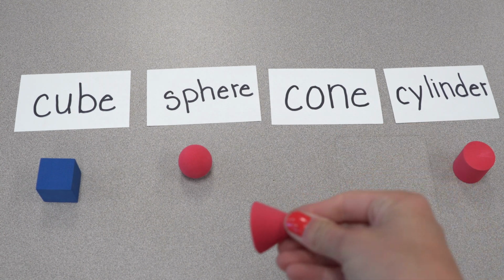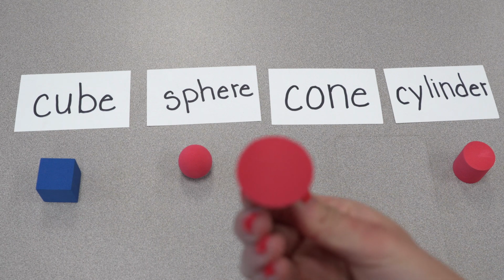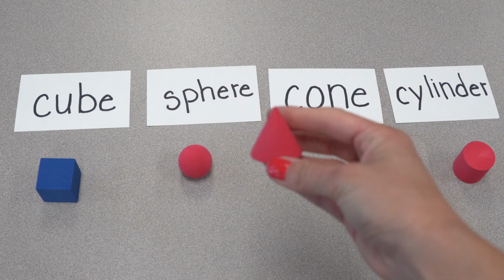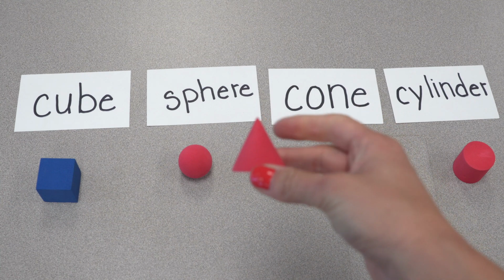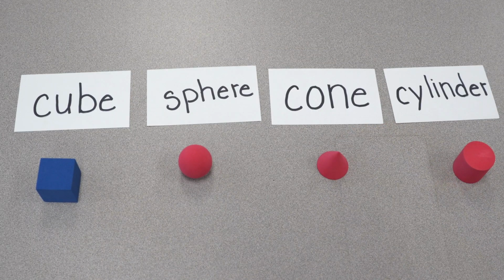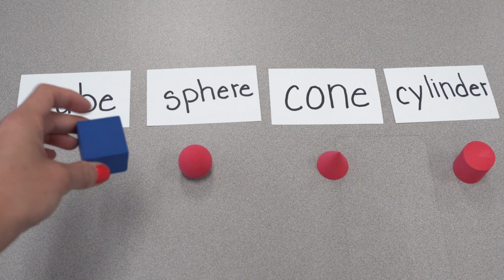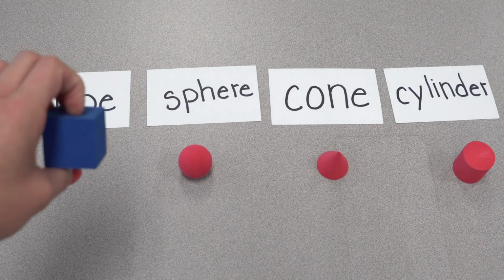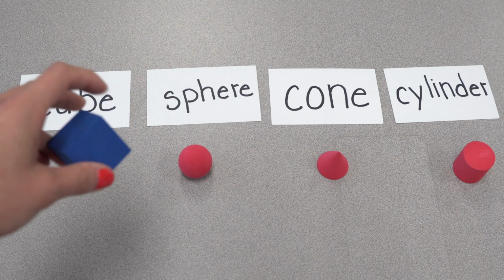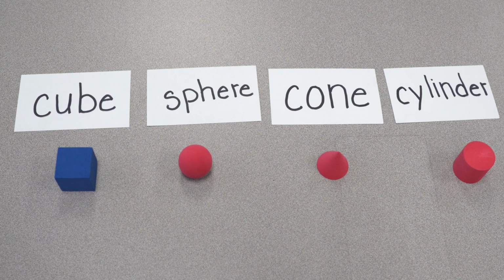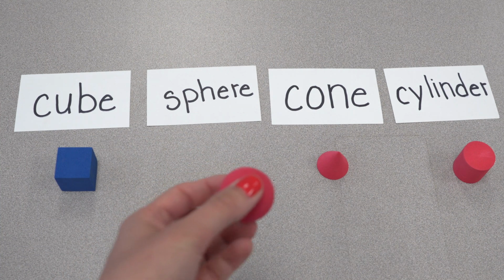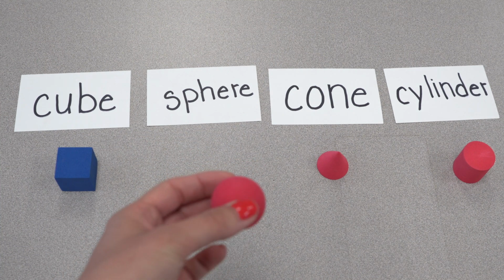The cone has a flat side and it also has a curved side. The cube has many flat sides. I can also count its corners. Does the sphere have corners?